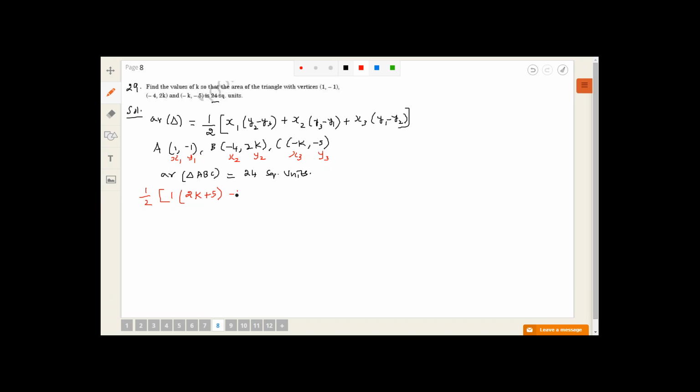Then x2, minus 4, into y3 minus y1. y3 is minus 5 and y1 is minus 1. So minus of minus will become plus. And plus x3, x3 is minus k, and y1 minus y2. y1 is minus 1 and y2 is minus 2k. This is equal to 24. Now we need to solve for the value of k.